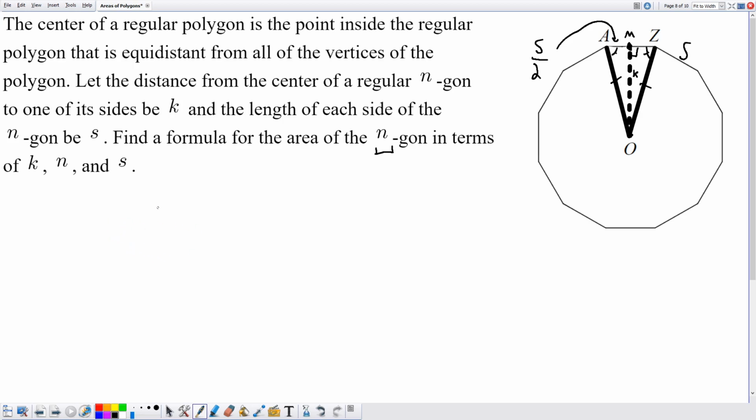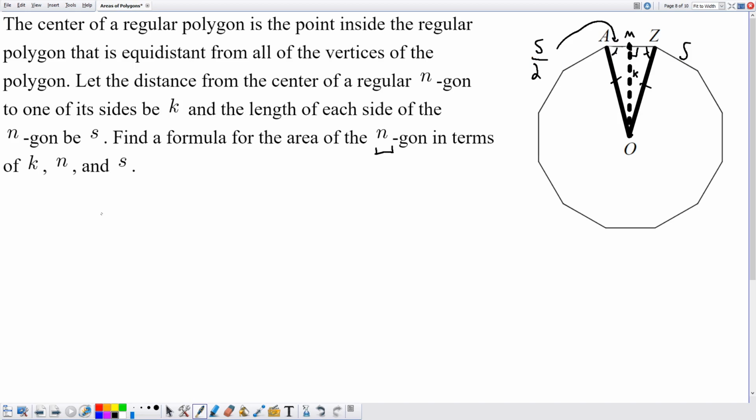Now how can that help me out? Well, if I find the area of this triangle, it might help me find the formula that I'm looking for. Because if each triangle is being made with a side AZ of the polygon, then each polygon can be cut up into n triangles, since each triangle has a base of one of the side lengths.